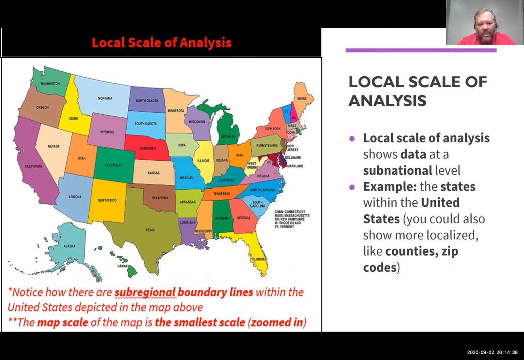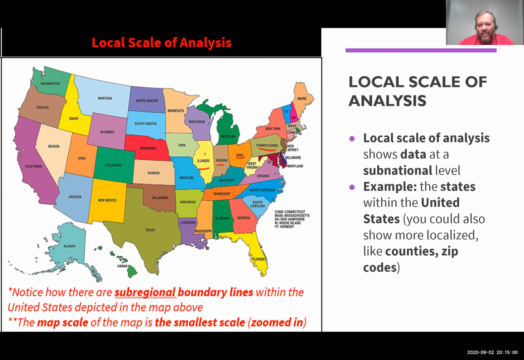So a local scale of analysis, if we look at the US, this is a national map, but the scale of analysis is comparing individual states. So we've got Illinois and Indiana, Ohio, Pennsylvania. And they're saying, look, here's some information about each individual state and how each individual state may differ from the others. We would call that a local scale.